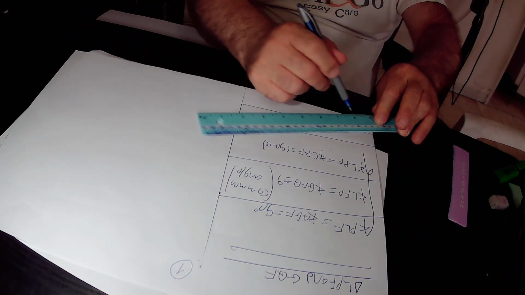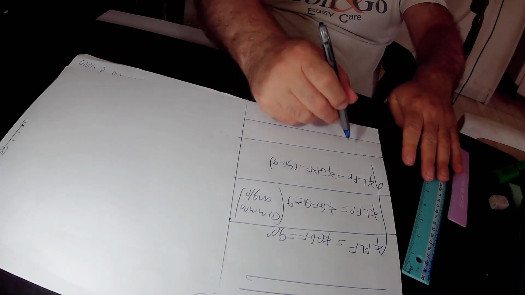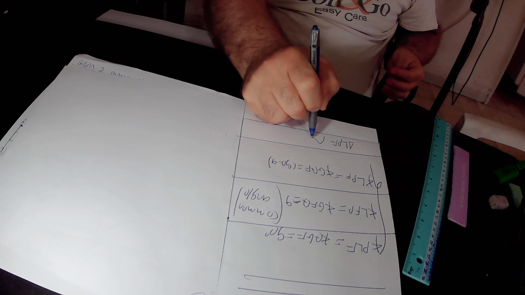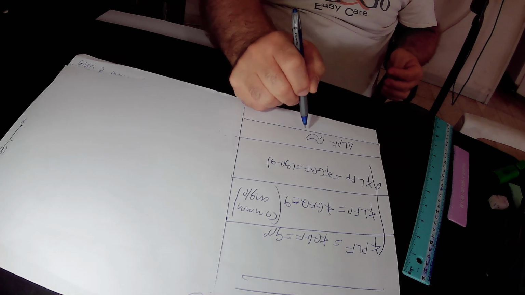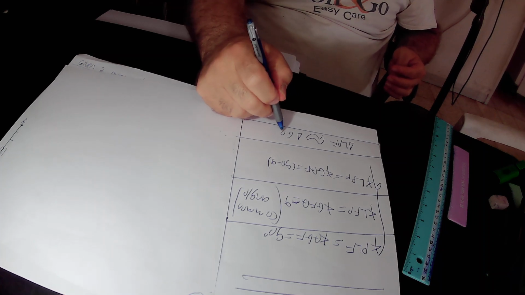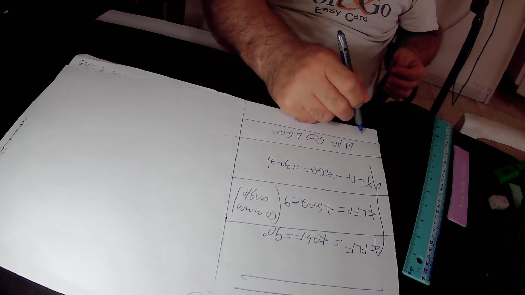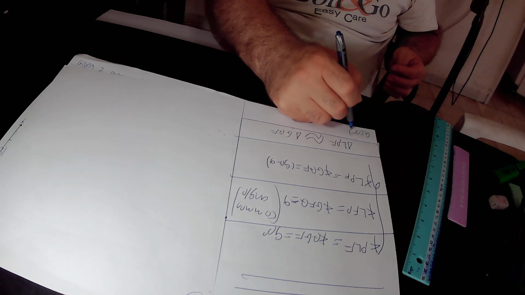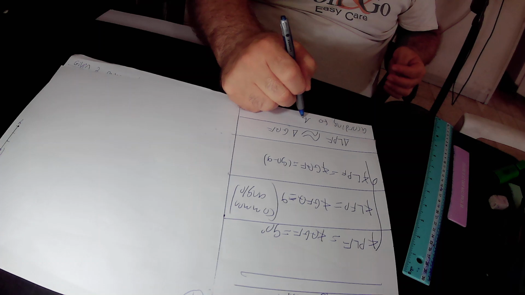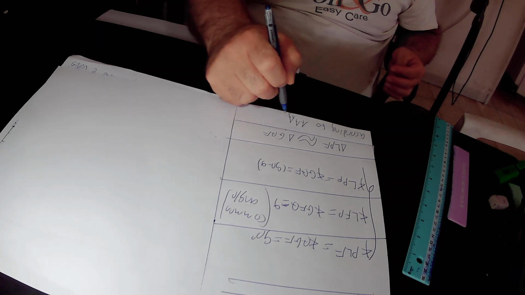We found out that the big right triangle LPF is similar, this is the sign of similarity, to the small right triangle GQF according to the angle similarity rule.